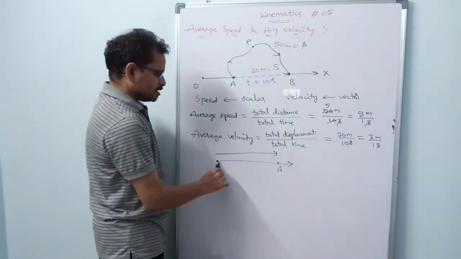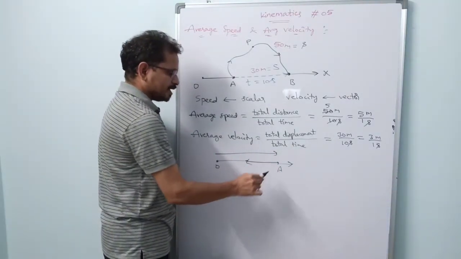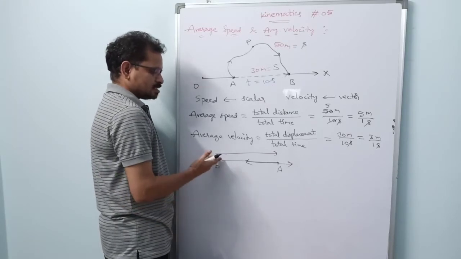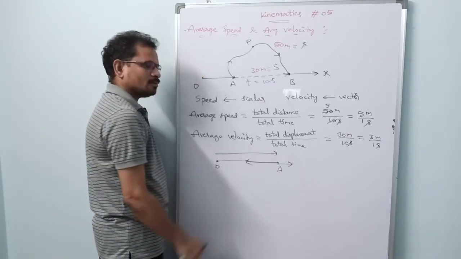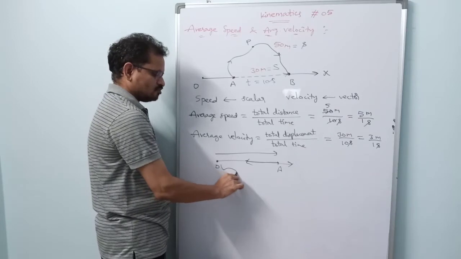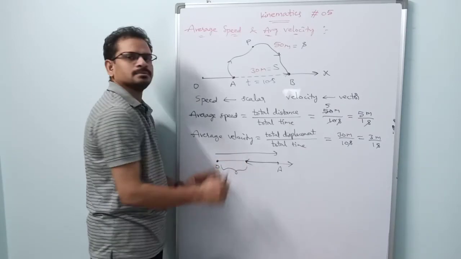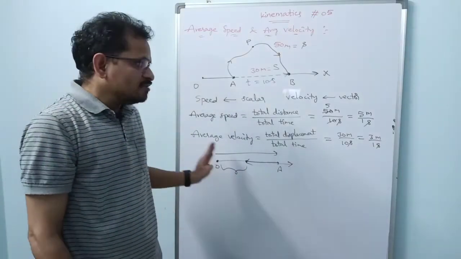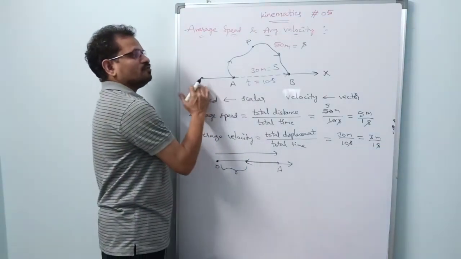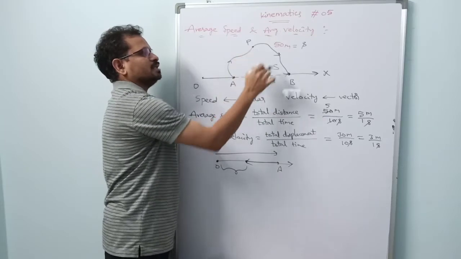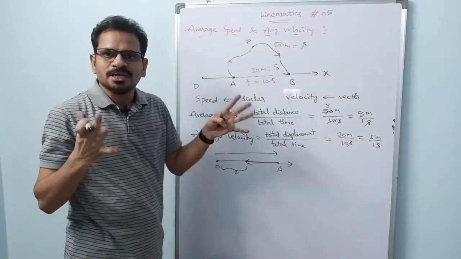Suppose a particle moves forward and comes back like this. Then what is the distance? Distance is the length of this path plus this path. Then what is the displacement? Displacement is the length of only this small path, because this is the initial point and this is the final point. So if a body does not move along a straight line, distance and displacement are not equal.